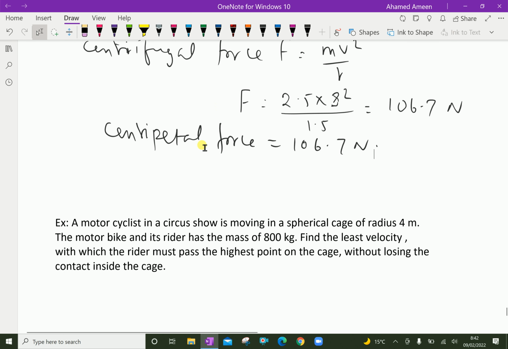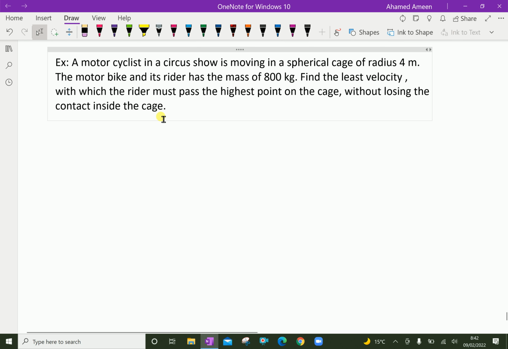Next question. A motorcyclist in a circus show is moving in a spherical cage of 4 meter. The motorbike and its rider has the mass of 800 kg. Find the least velocity with which the rider must pass the highest point on the cage without losing the contact inside the cage.